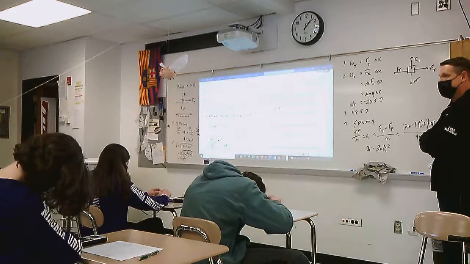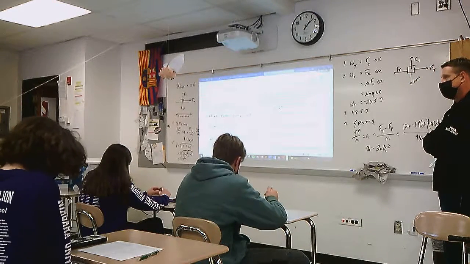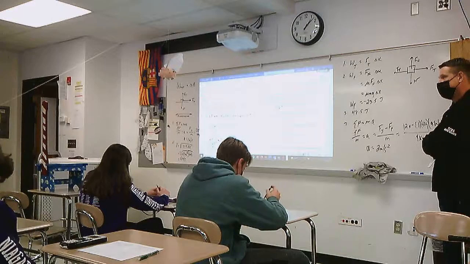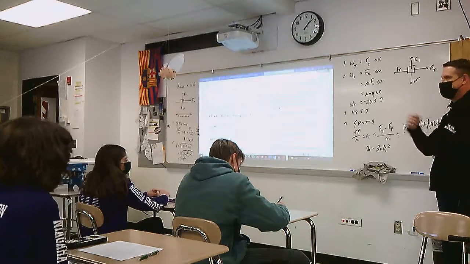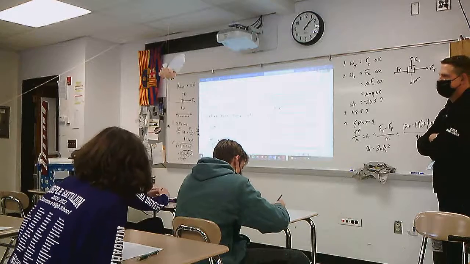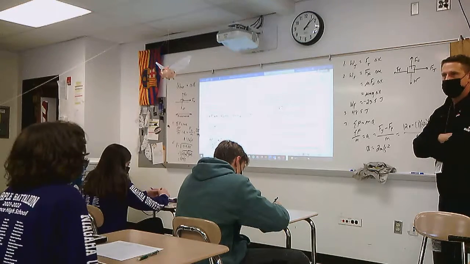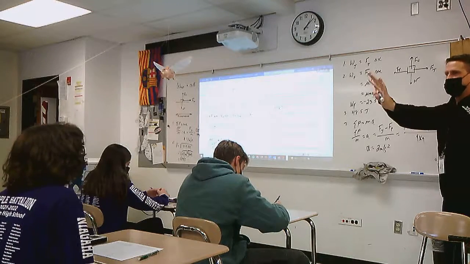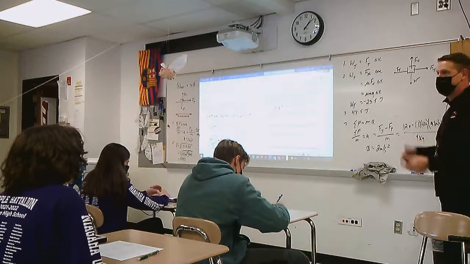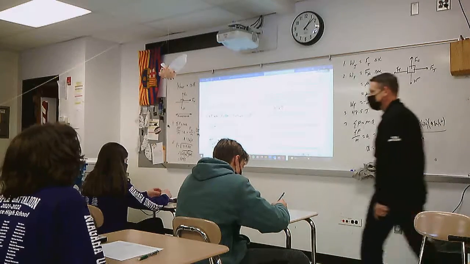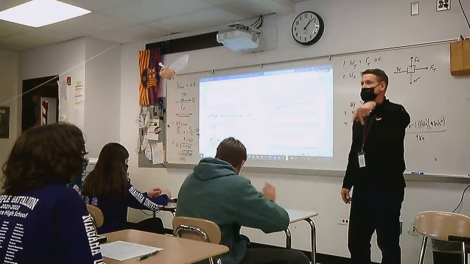What's the acceleration in the column on the left? 3. Why does it make sense that this is less than 3? Because there's friction. Justin wants to accelerate the object. Friction is saying, nope, not going to happen as much as if I weren't here.